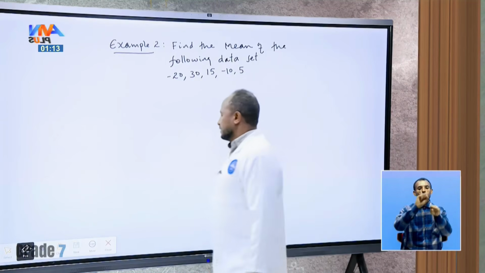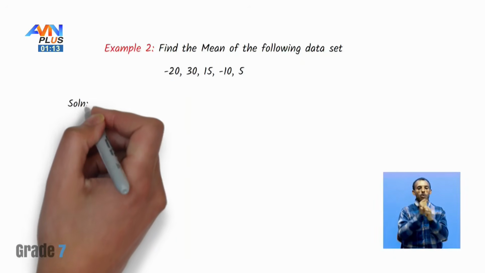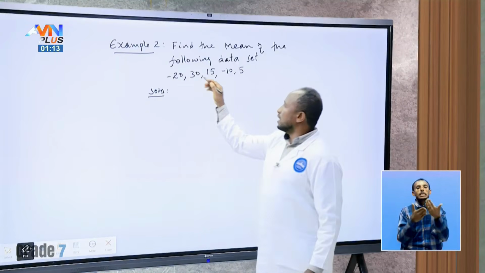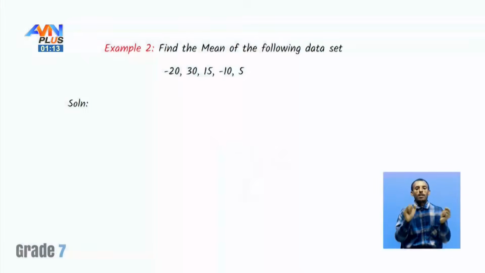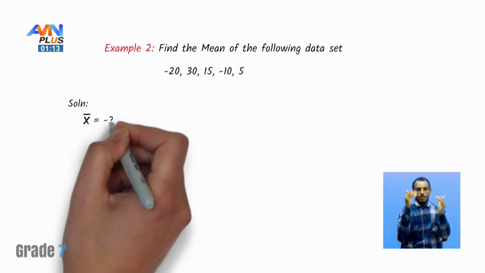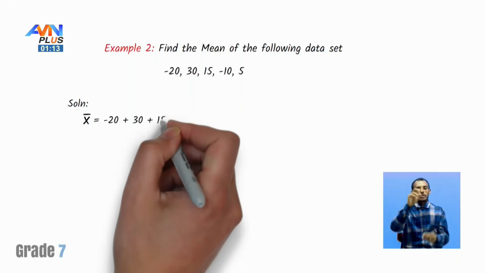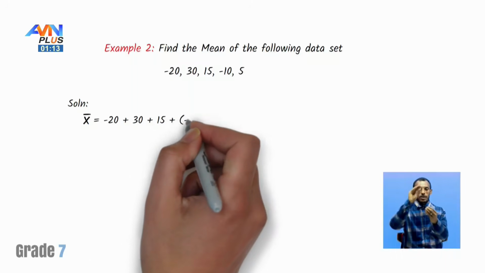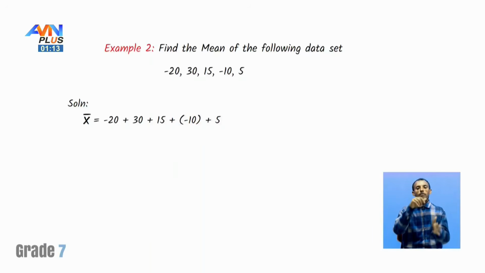So to find the mean here, what you do is simply add all the data set and divide by the number of data. So here, the mean, we can use x bar for mean, is equal to negative 20 plus 30 plus 15 plus negative 10 plus 5.